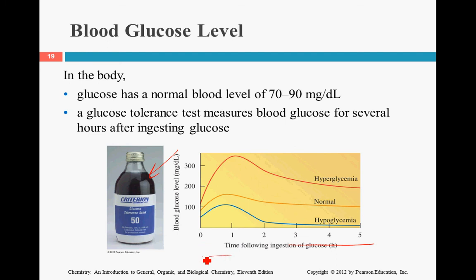Now this can be a 5-hour interval. The first time, they might only do it once and have you wait 2 hours to see if it's dropping back down. But if the patient fails that, they might have you do it for 5 hours, taking blood samples every hour on the hour, so you can determine how well the blood is absorbing the sugar.